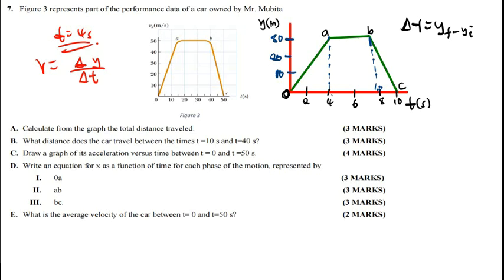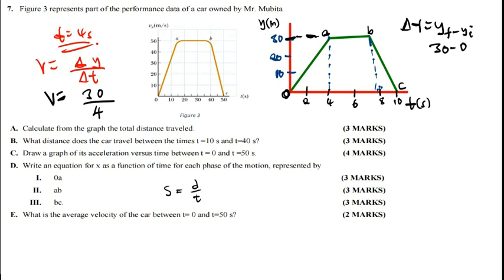When t is equal to 4, it is there at A. So at A, the distance is 30. Then it's going to be 30 minus 0, which is just 30. So in this case, my velocity is going to be 30 divided by 4.